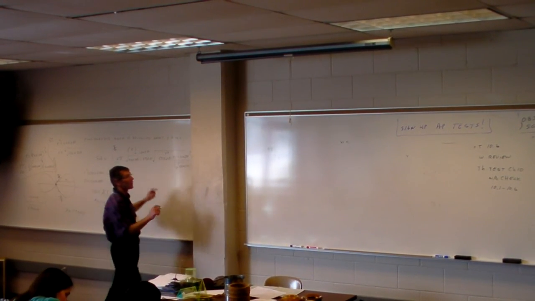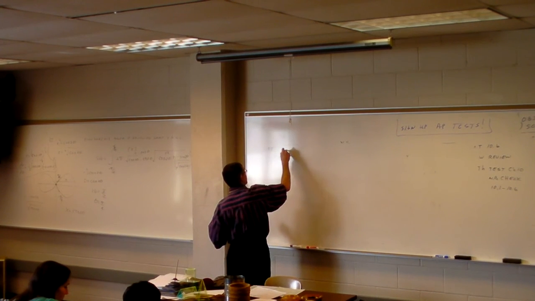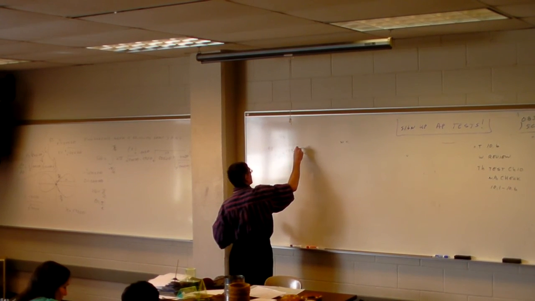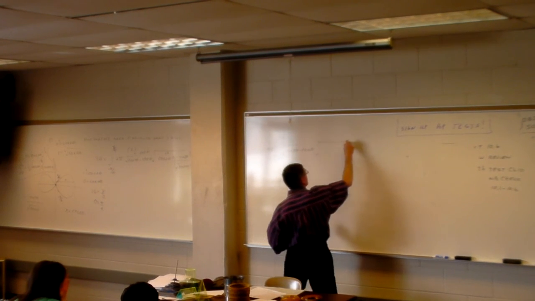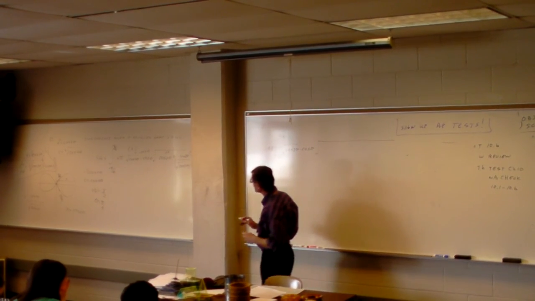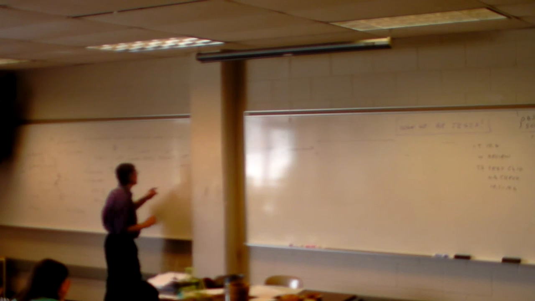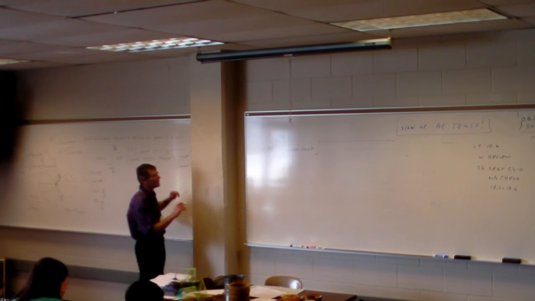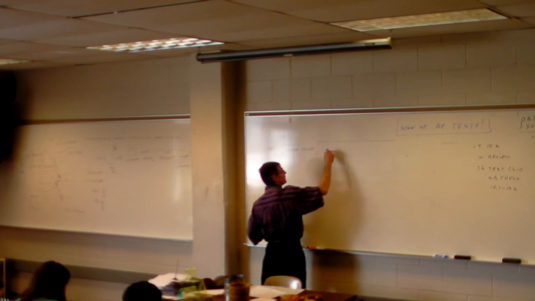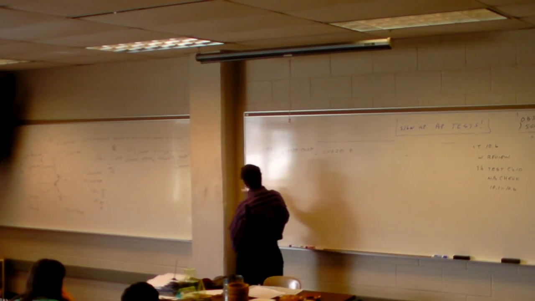Okay, so now I get the square root of cosine of 2 theta times cosine of theta. And let's clean up this mess here. This is the cosine of 2 theta, plus, what does this become?